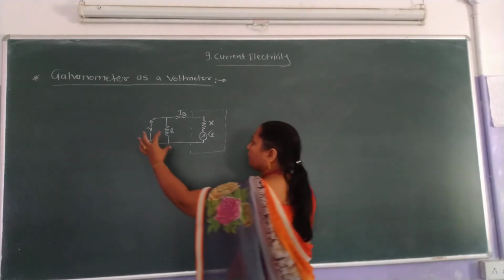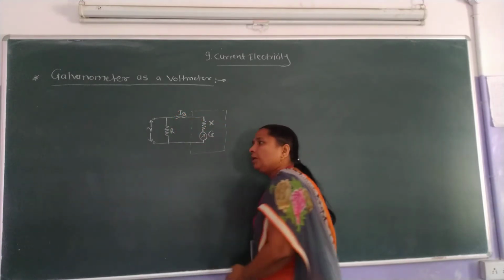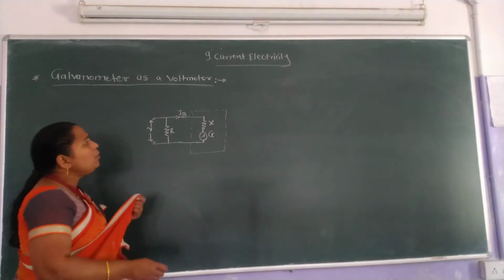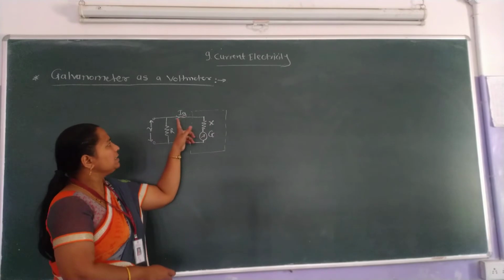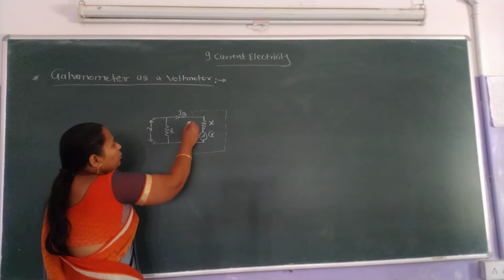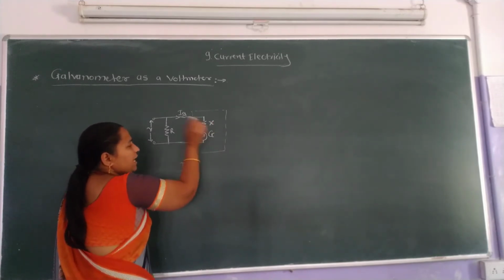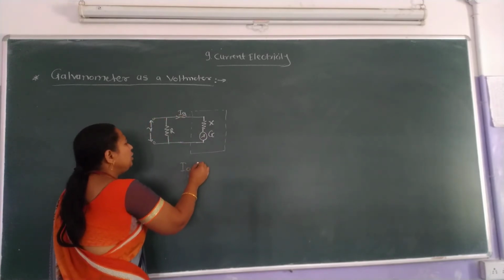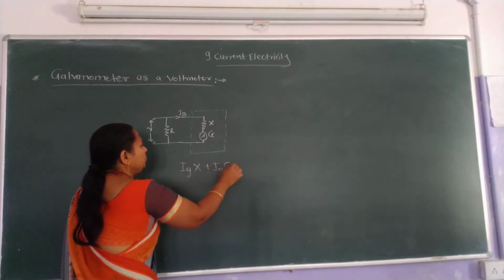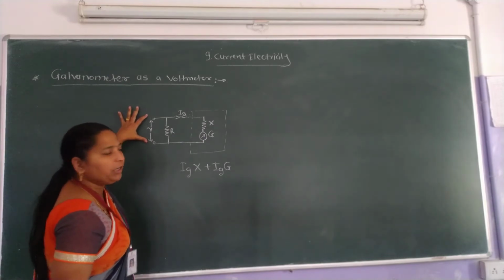The potential drop across the series combination of resistance X and G, where the high value resistance is connected in series and current flowing through them is Ig. Therefore, Ig flows through X as well as G, means Ig into X plus Ig into G. That is the potential drop across the components.